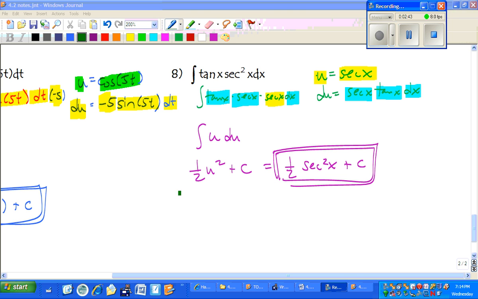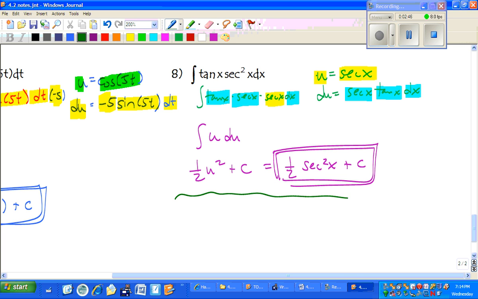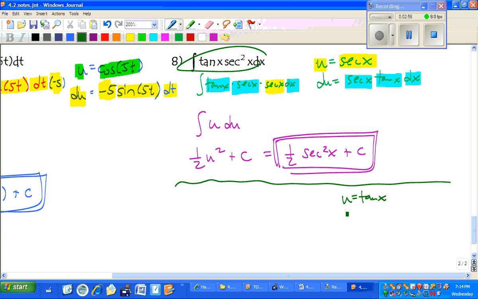Like I said earlier, there's actually two ways to do this one, which is rare for integrals. But let's look at this original one. Actually, if we set u equal to tangent of x, du would be secant squared dx.